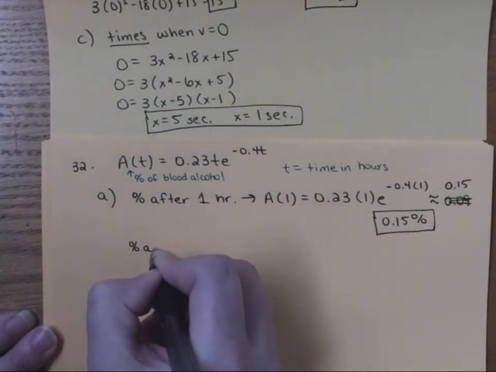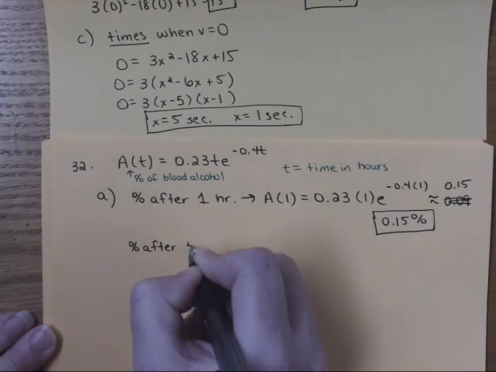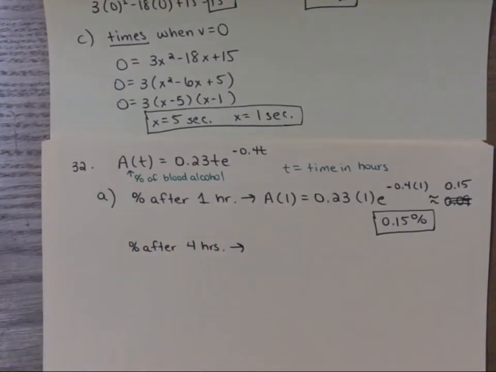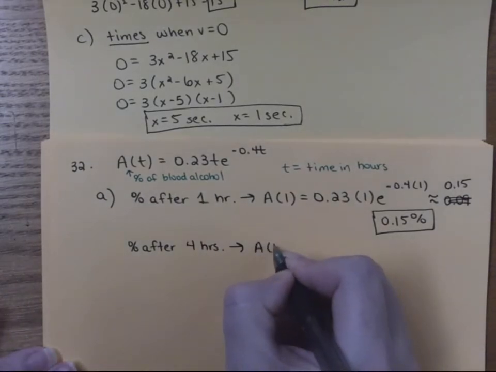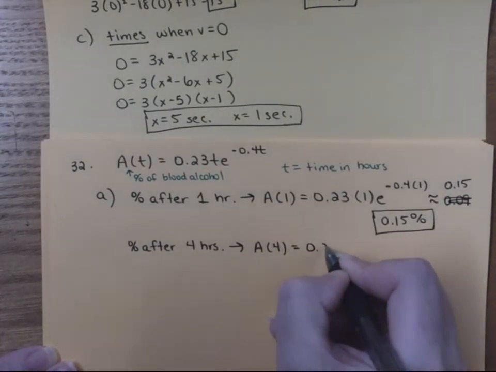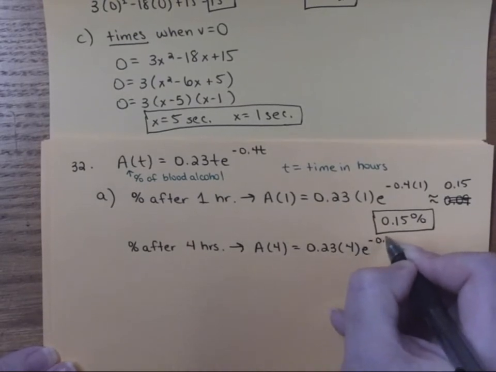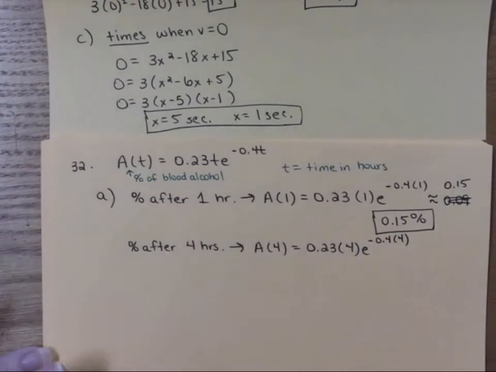All right, so what about after 4 hours? Now, if you're using kind of logic, I would think after 4 hours, by the way, this is after 4 hours when they've stopped drinking, I would think it would have gone down, except that's not really how alcohol works. Alcohol absorbs at different rates depending on what kind of alcohol it is, but it takes a while to fully absorb into your bloodstream, as we'll find with the answer after 4 hours.